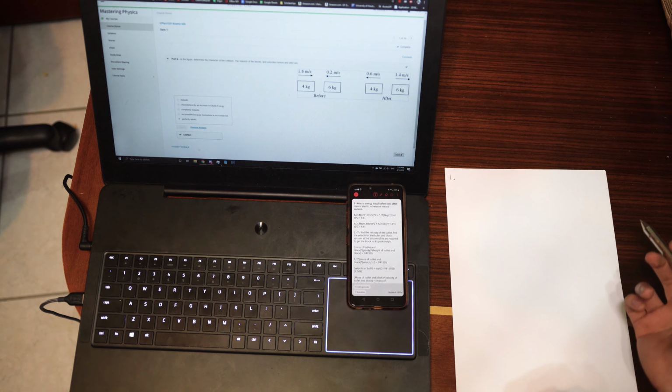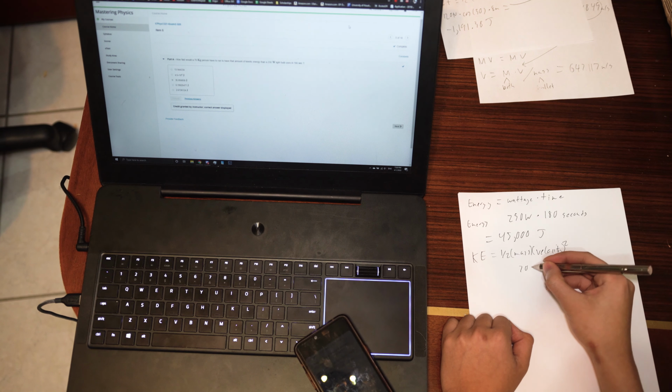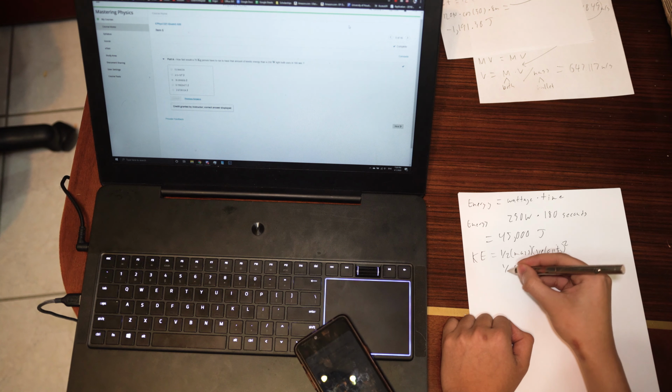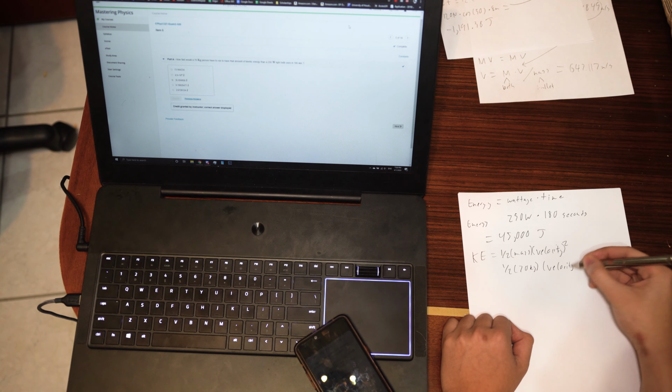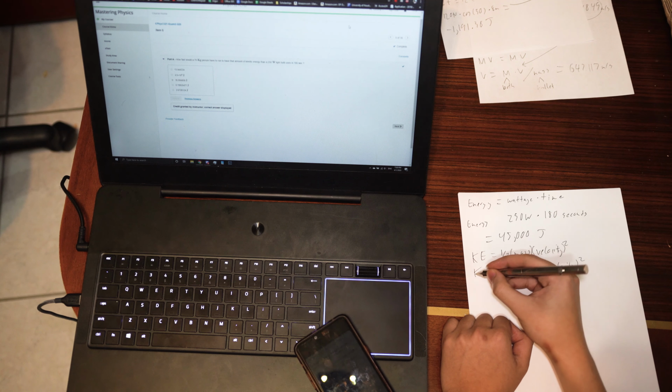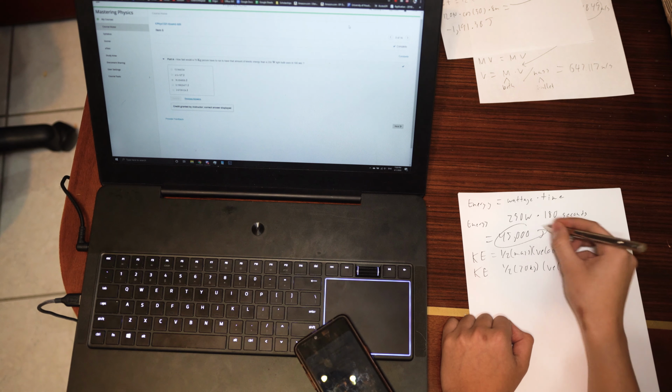So now we know the kinetic energy we have to solve to get to. And what is kinetic energy? Well, kinetic energy, as we've used before, is 1/2 mass times velocity squared. So we already know the mass, 70 kilograms. We want to find the velocity. And we know the kinetic energy has to be equal to that value.